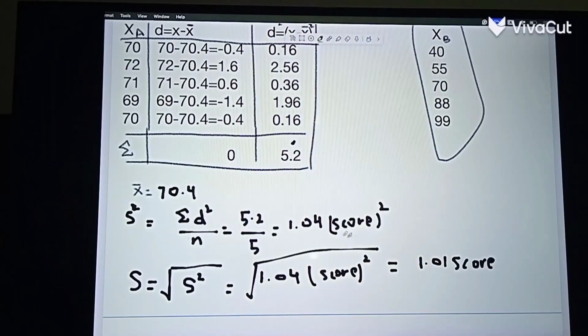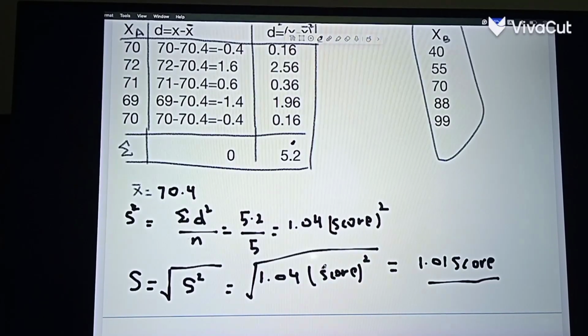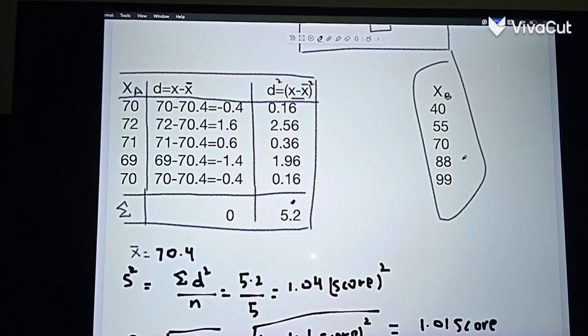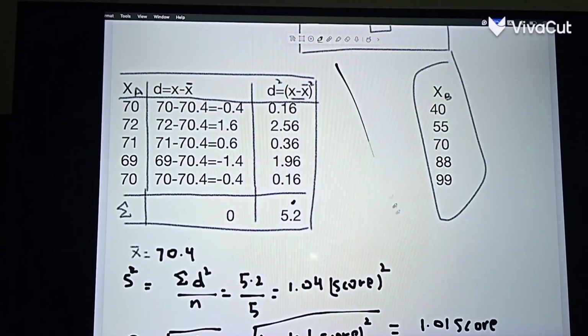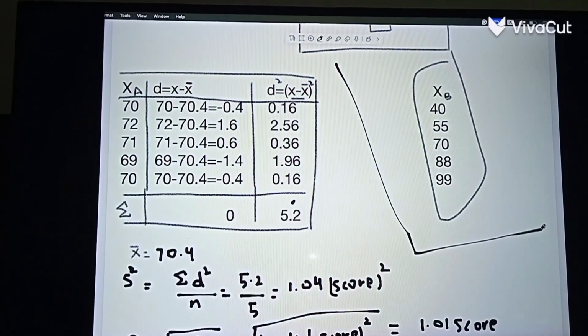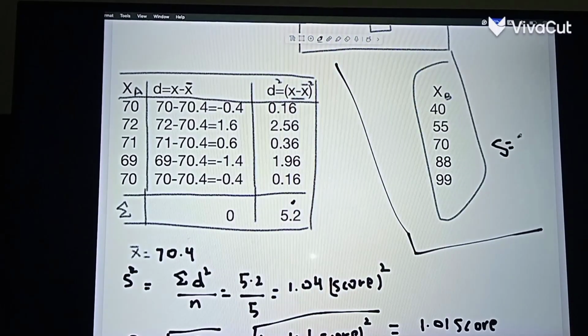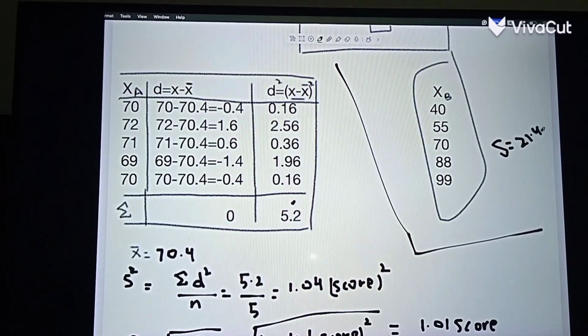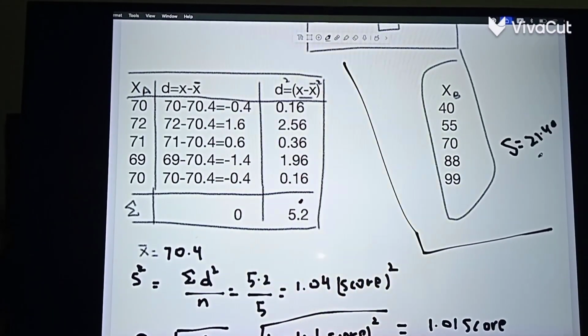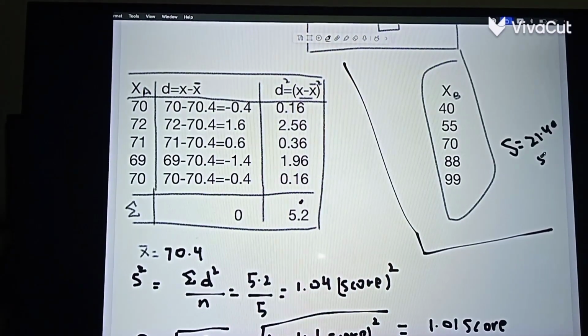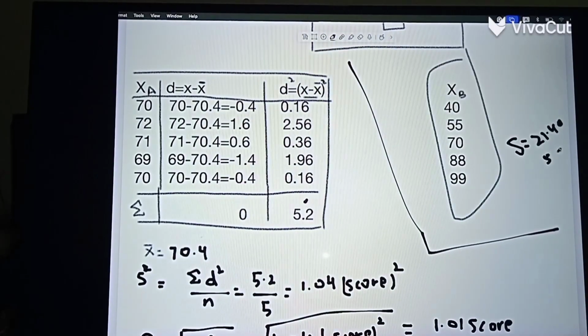This way I obtain my original unit back by taking the square root. Similarly, you can do the same calculation for the second data set B, and when you calculate, you will get a standard deviation of 21.40, and you write the unit with it, which is score.